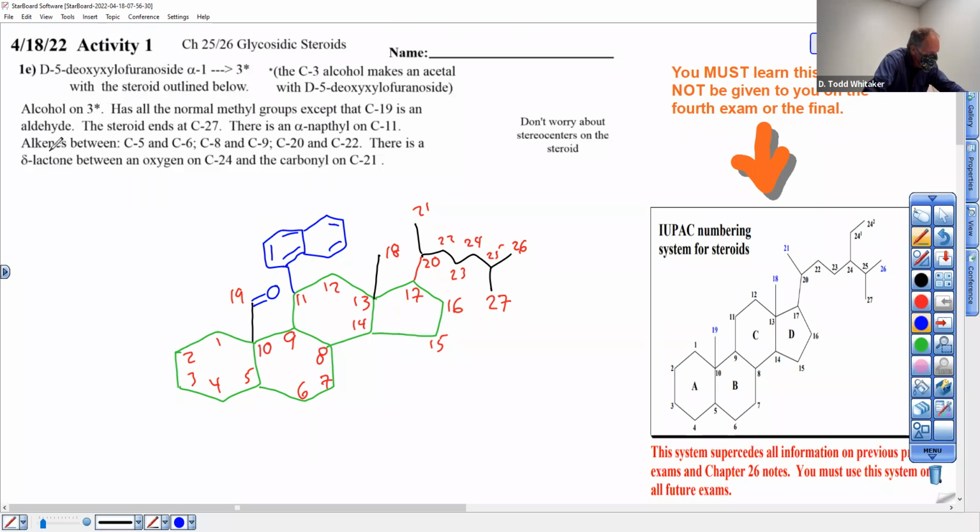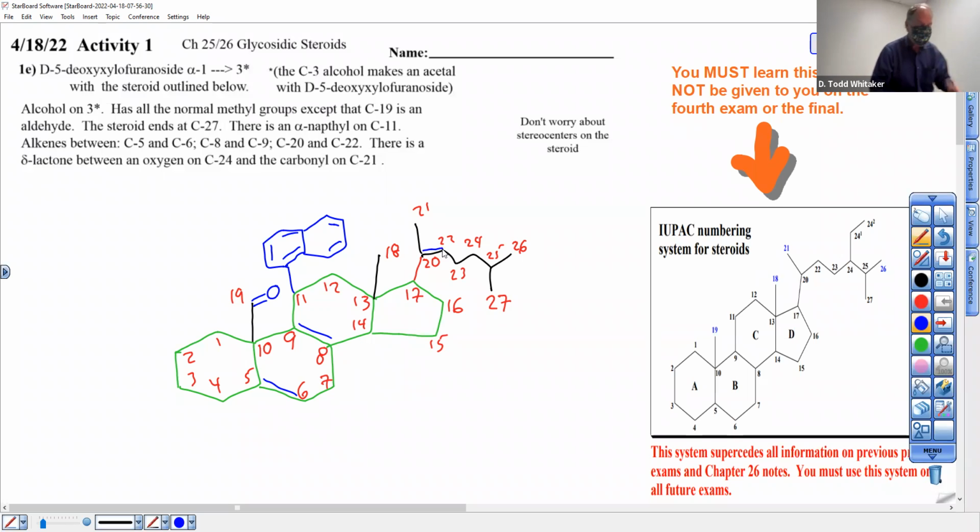Okay. Now there's alkenes. Very often there's alkenes in steroids between C5 and C6, but an alkene, 5, 6. And between C8 and C9. And C20 and C22. There we go. There's a delta lactone.